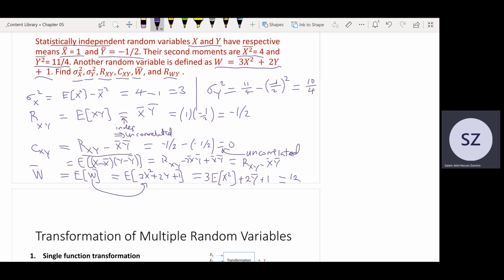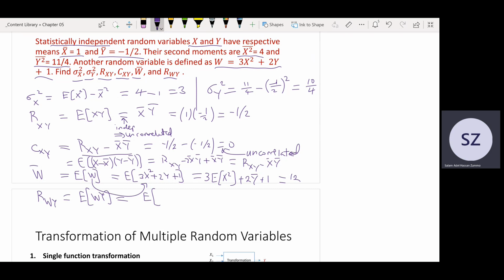Now the correlation between W and Y. What is this? Yes, you always write the definition, expected value of W and Y. But what is this equal to? What do we do?